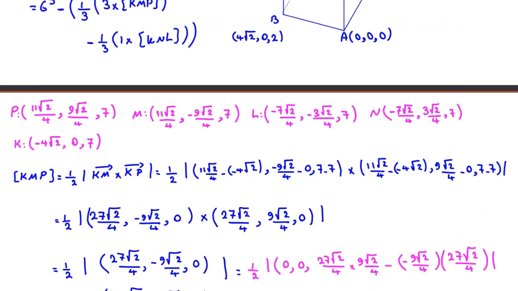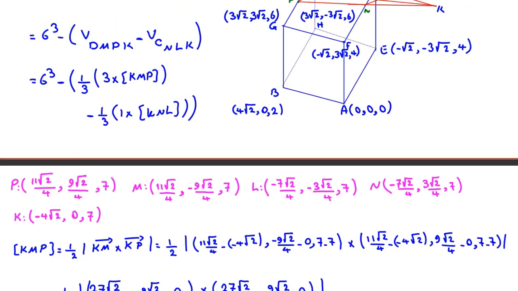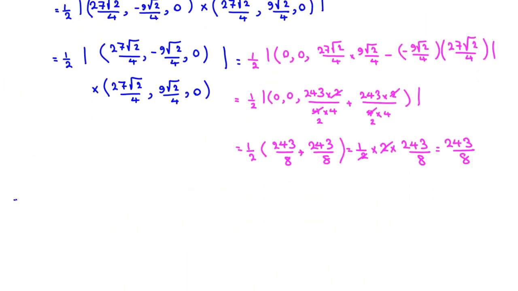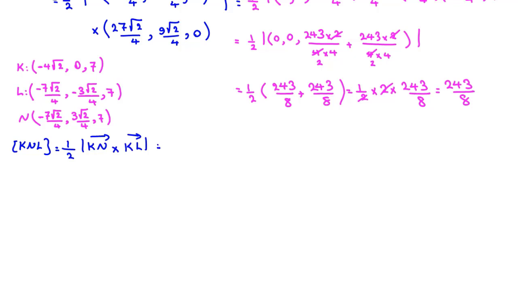Now let's calculate the next area, K and L. So area of KNL equal to 1/2 times KN cross product KL. Okay, let's calculate this area.